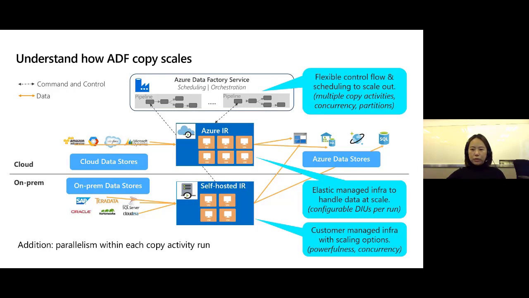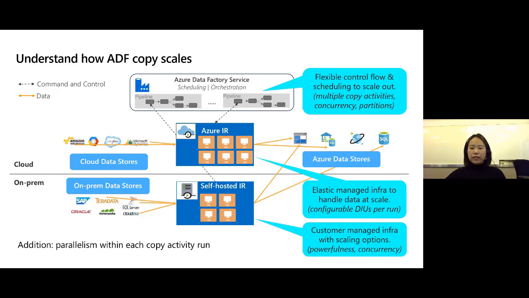to handle your workloads. From the very top, ADF provides a very flexible control flow that can help you schedule a large number of copy activities, and there are flexible triggers as well. There is also concurrency support, so you can run a number of activities at the same time to tackle different data stores or different portions of your data.